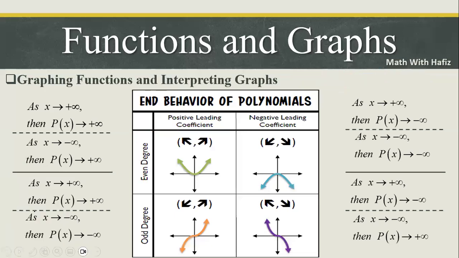So what will happen if the degree is even? It means both sides of the graph will go upward, if the leading coefficient is positive. So the degree decides whether both sides are going in the same direction or not. For example, with an even degree, we have a function f of x is equal to negative 2x squared plus 3.